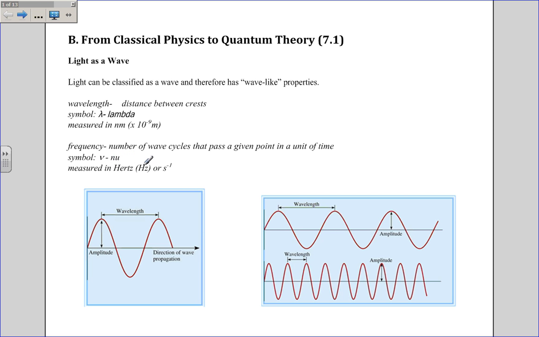It is measured in hertz, or a unit that will make more sense to us, seconds to the negative 1, which is really 1 over second. So frequency is the number of times that it passes per second, and that's why it's 1 over s rather than simply seconds.